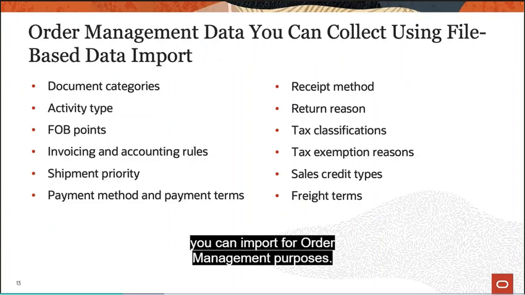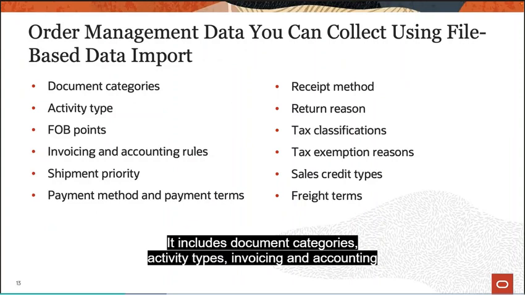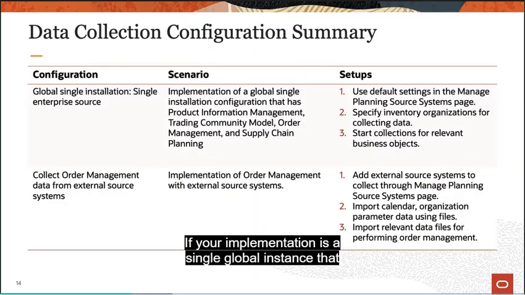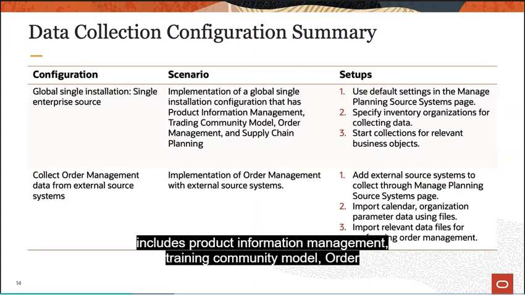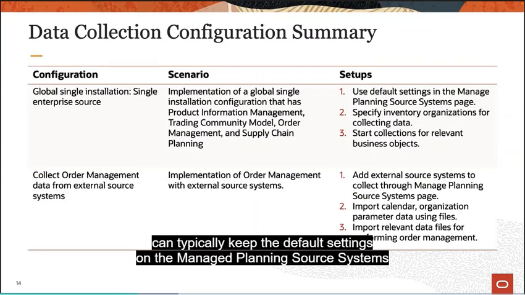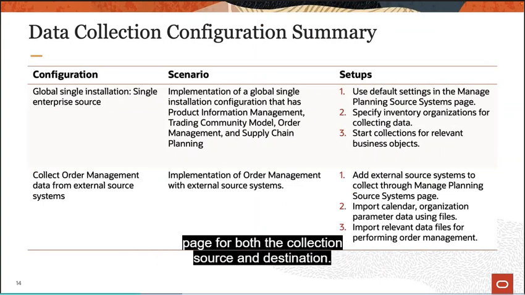And this is a list of the order management data you can import for order management purposes. It includes document categories, activity types, invoicing and accounting rules, shipment priorities, and other data types as seen on the slide. If your implementation is a single global instance that includes product information management, training community model, order management, and supply chain planning, you can typically keep the default settings on the Manage Planning Source Systems page for both the collection source and destination.